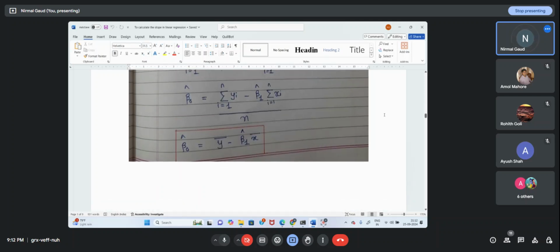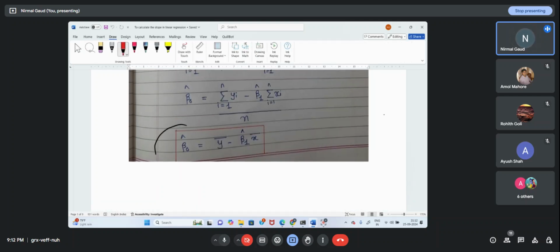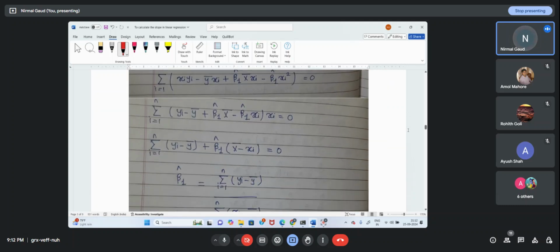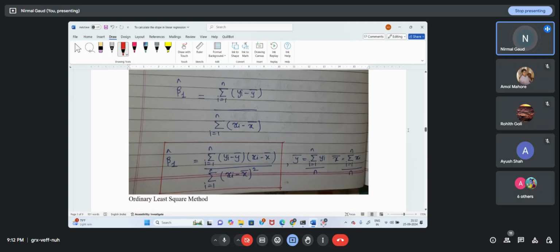Fine, we were correct. Beta naught was this thing, y bar minus beta 1 x bar. This was beta naught. And then we further solved for beta 1. Beta 1 we got it as here also.